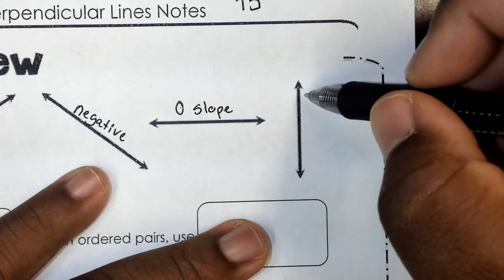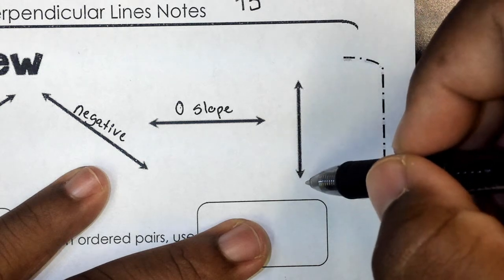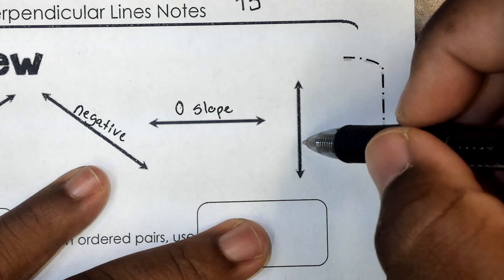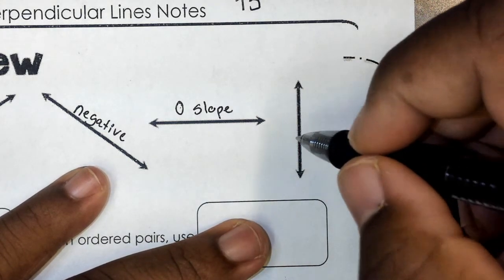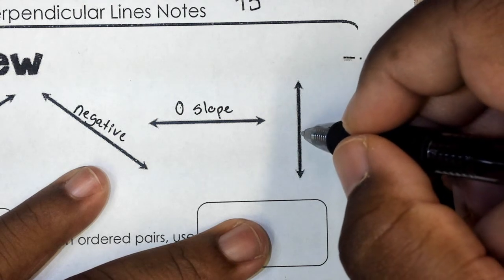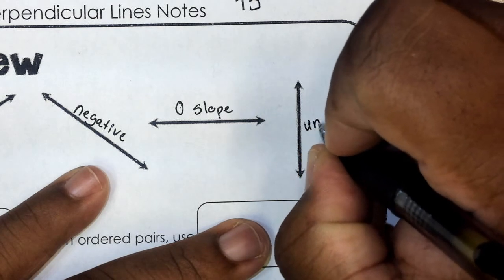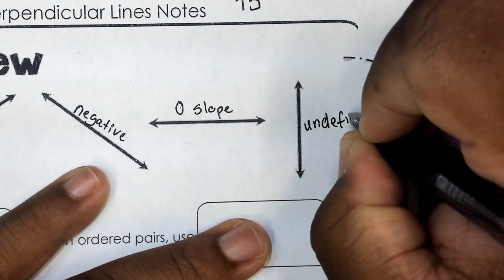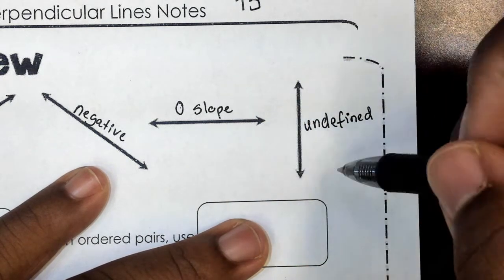This means we have no change in our x values. X values stay the same, but our y values change. This is undefined. So zero slope, horizontal line, undefined vertical line.